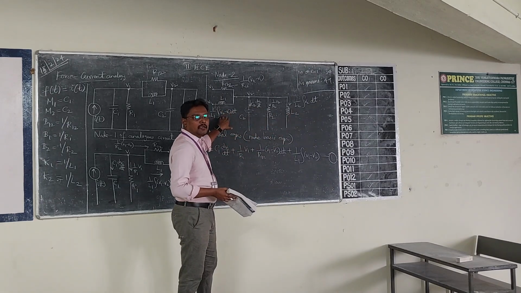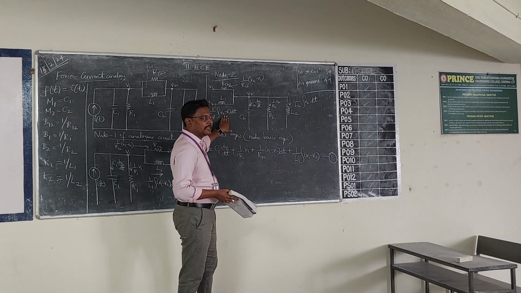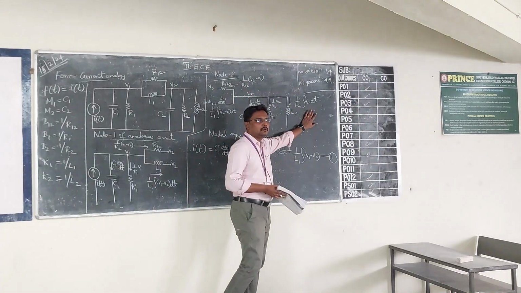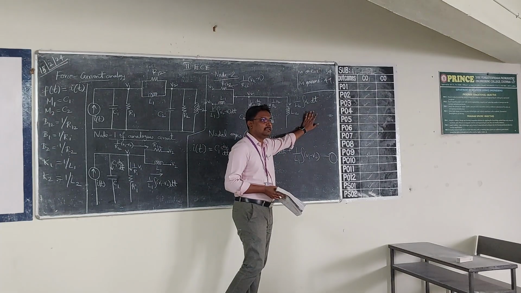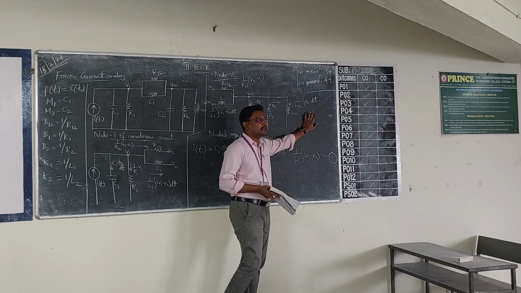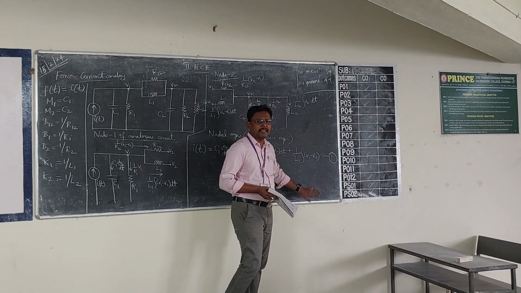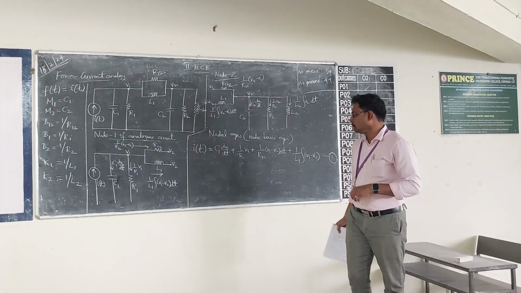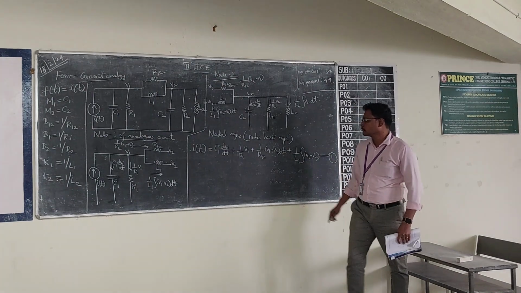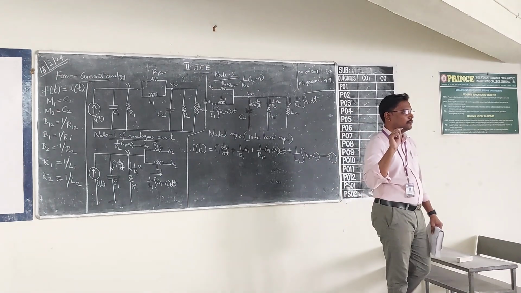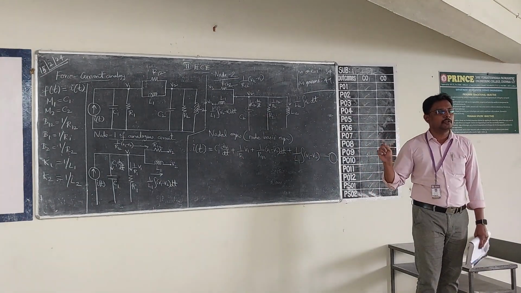You add all these components. 1 by L1 integration of இது plus இது plus இது plus இது equal to 0, because you are not having any source. Current source கிடையாது. எல்லாமே equal to 0. புரியுதா? அப்படின்னு எழுதுங்க. That becomes equation 2. Add all these components equal to 0. Take it as equation 2.